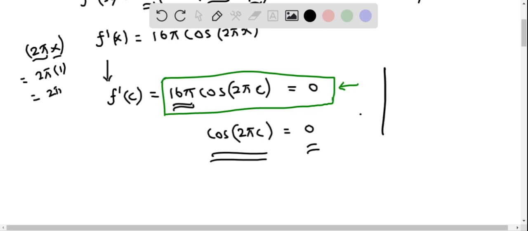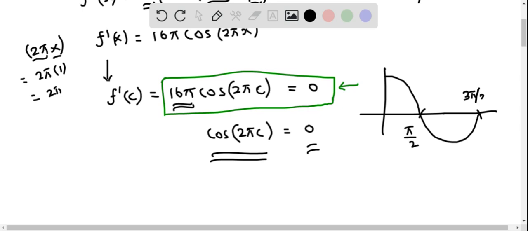Looking at the cosine function graphically, we see that the cosine function is 0 at x equal to pi by 2, and this one is 3 pi by 2, and if you look at the negative side, it is 0 at negative pi by 2 as well. So it is 0 at odd multiples of pi by 2.